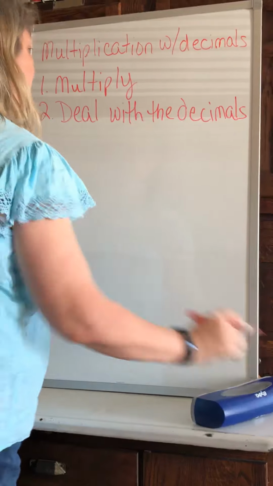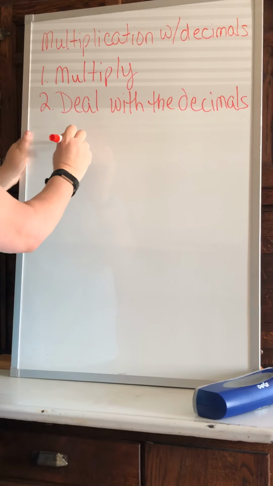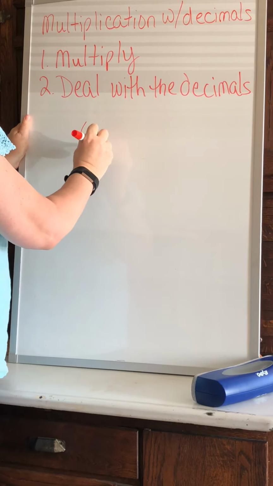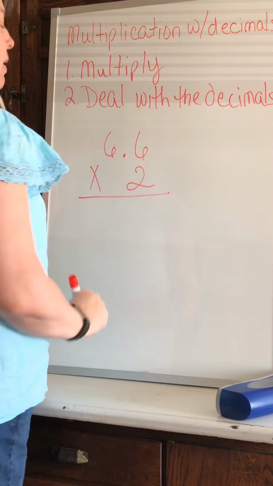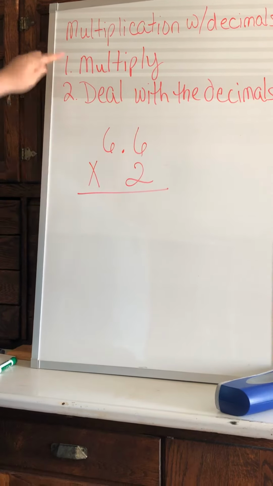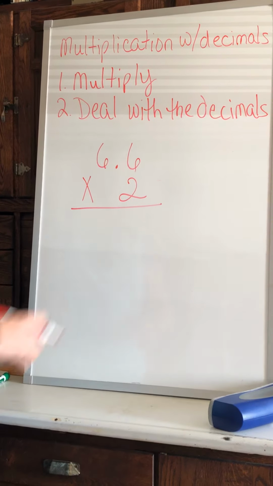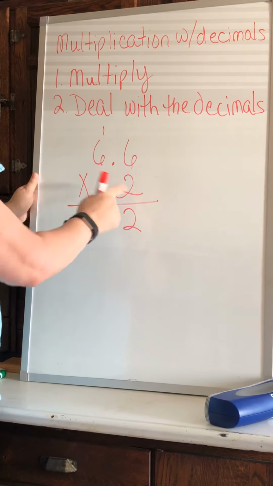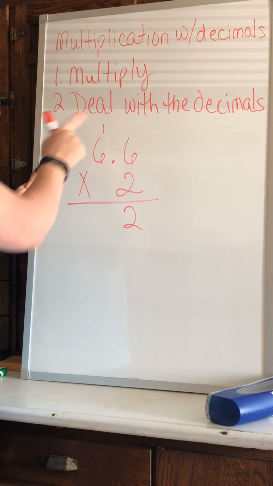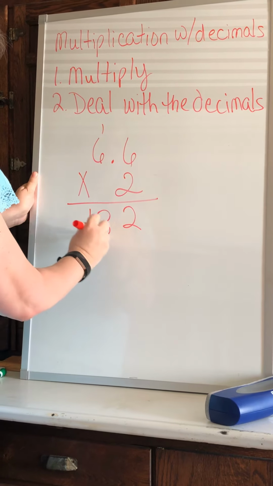Now, you could have a problem that has something like this. Well, first off, we always start with multiplying, okay? 2 times 6 is 12, carry the 1. 2 times 6 is 12, plus 1 is 13.